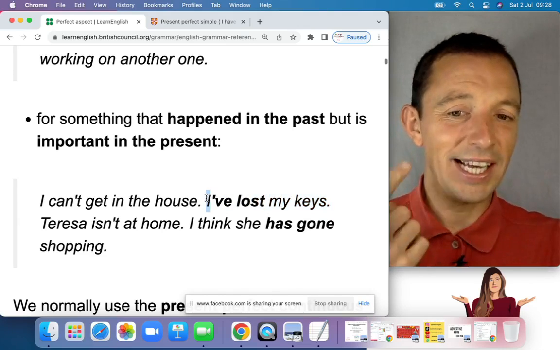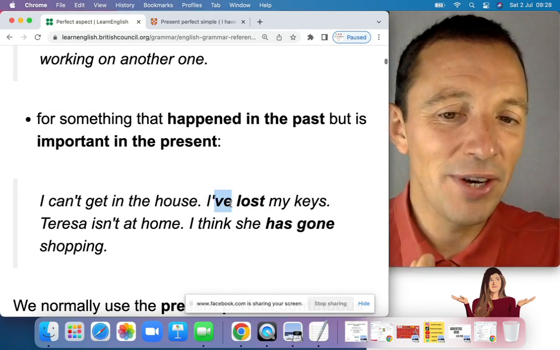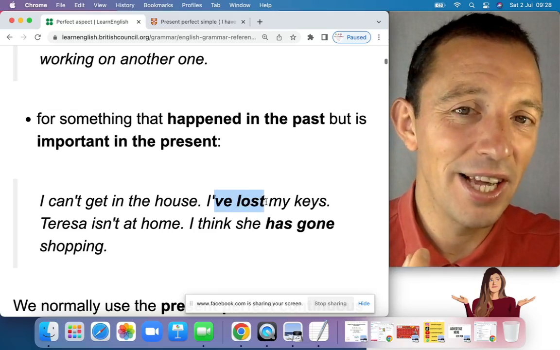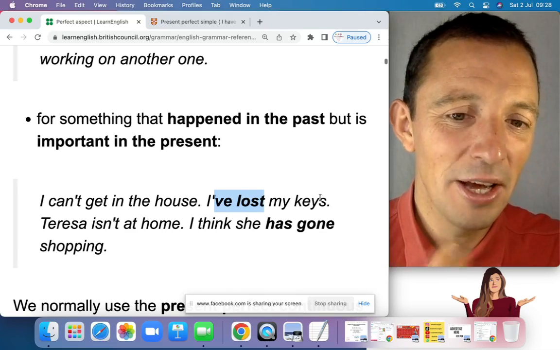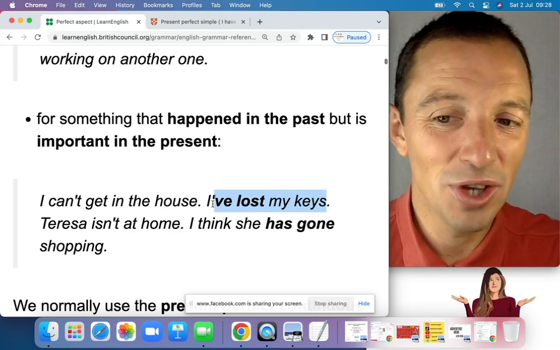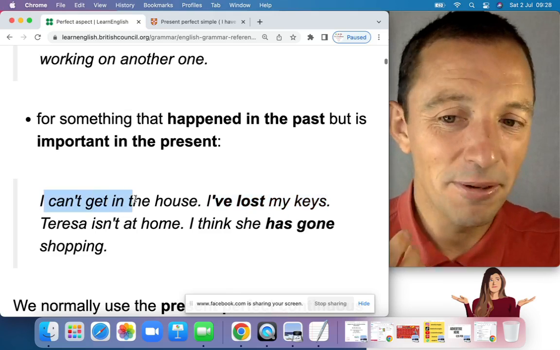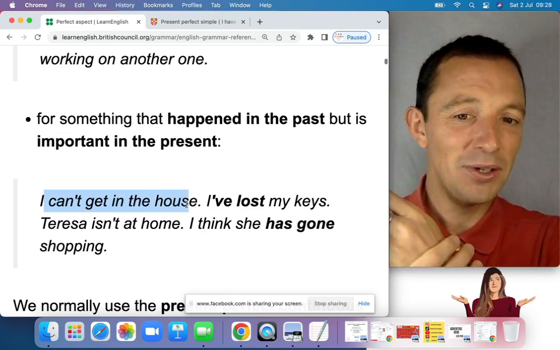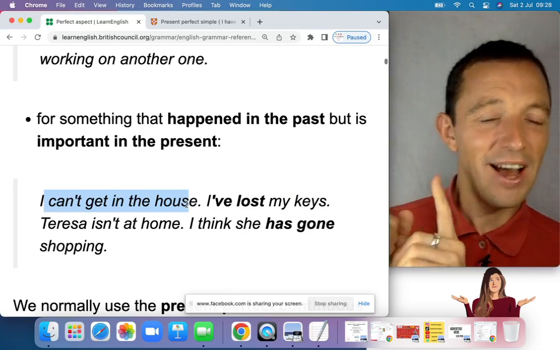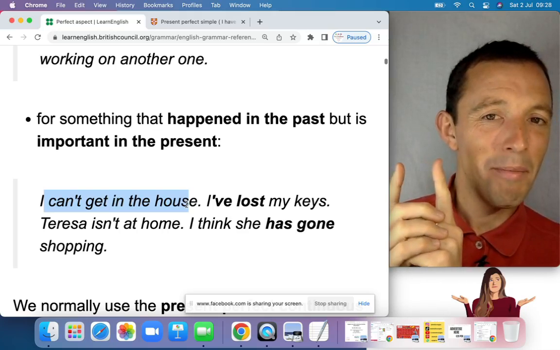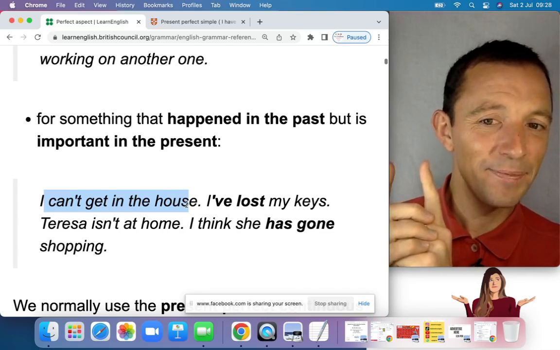The subject is I. The auxiliary is have. The participle is lost. My keys are the object. So it's impossible for me to enter the house. I cannot enter the house because I have lost my keys in the past.